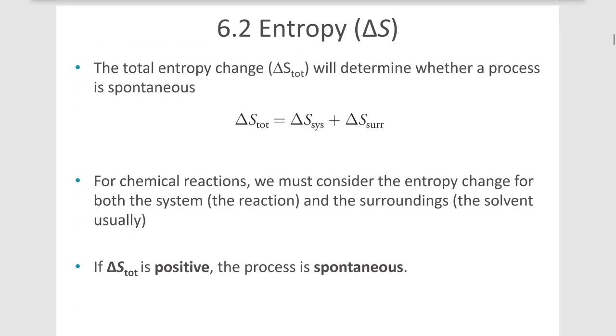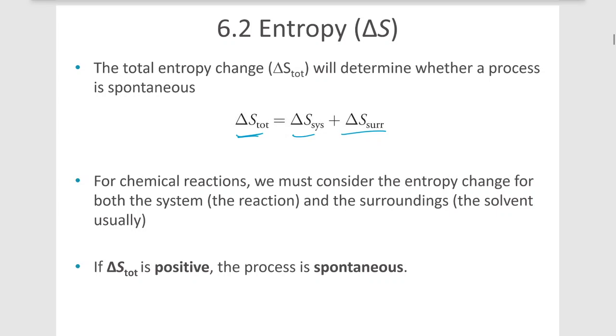So the total entropy in a system essentially is what determines whether a process will be spontaneous. If the total entropy, or the entropy for the system plus the surroundings, is positive, then that means that the total system and surroundings are gaining entropy, and then a process will be spontaneous.